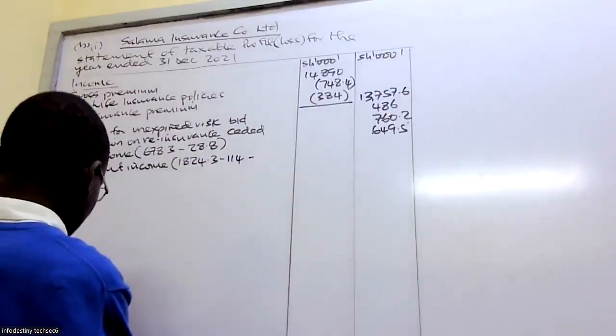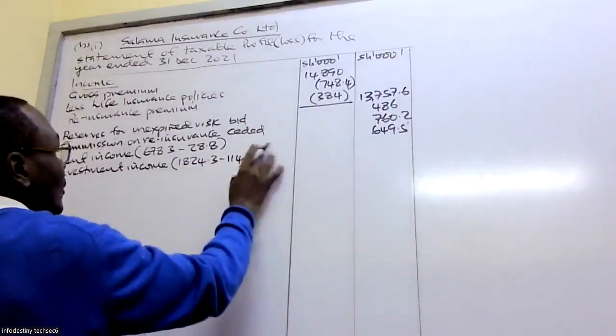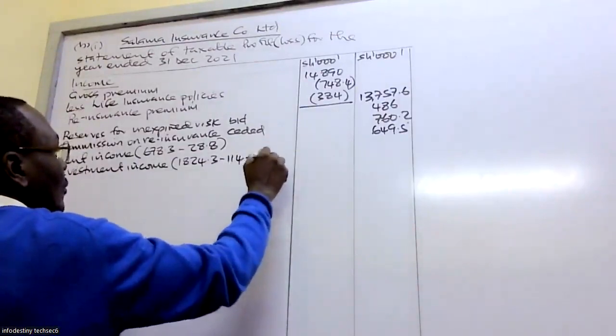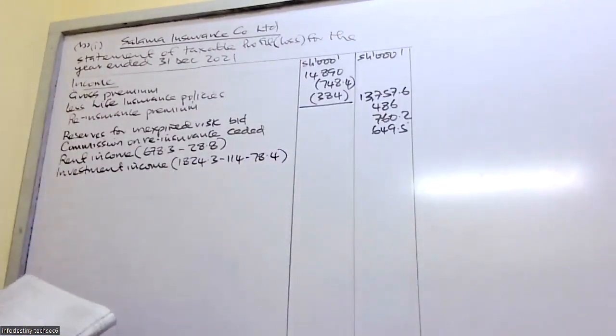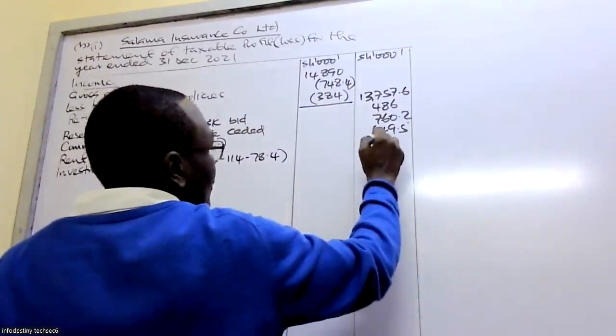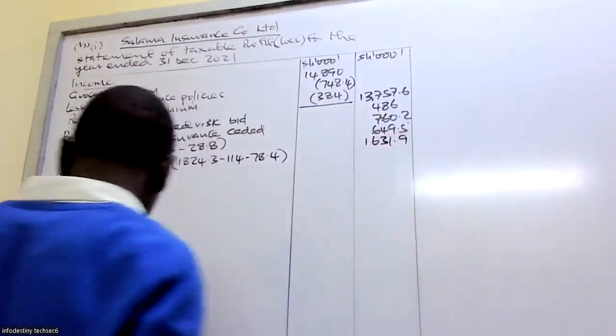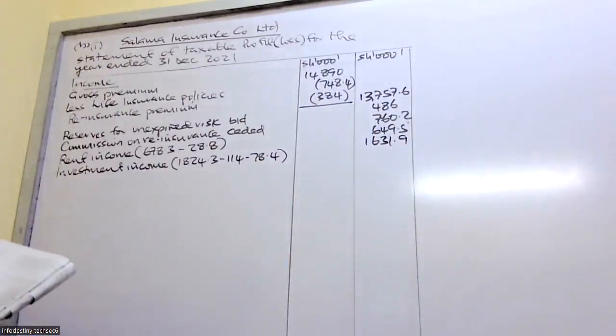Gain on sale of a car is 78.4. 16.9. So that's investment income. Management salary, repair of rented property, neon signs, depreciation, legal expenses, rent and rates.